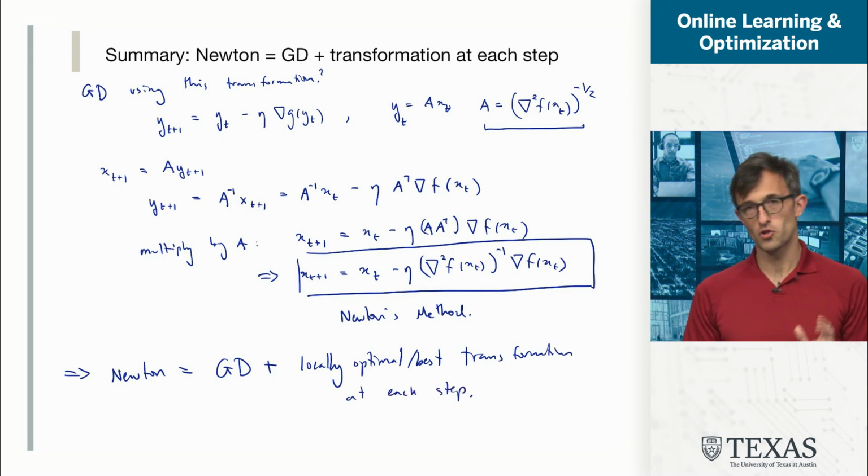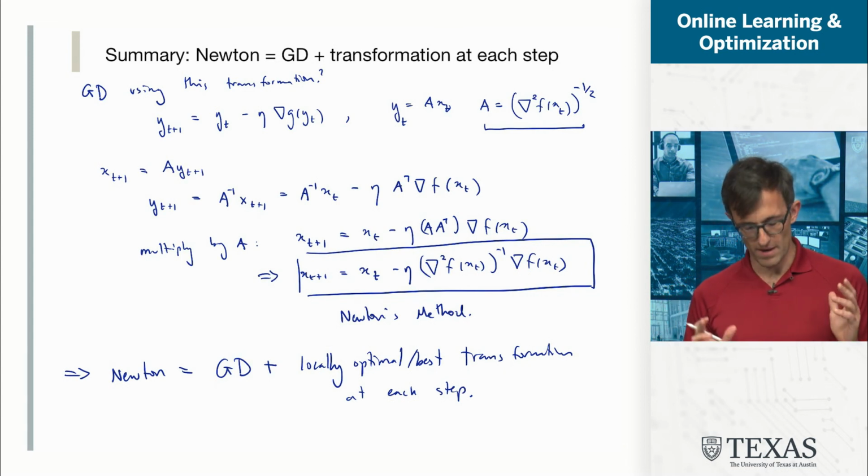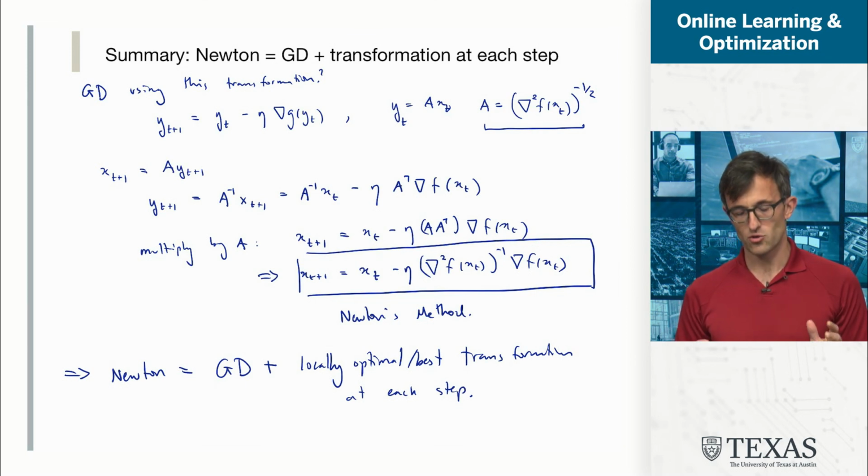So these are two different views. In the previous lecture, we talked about Newton's method as trying to minimize a quadratic approximation. In this lecture, we saw that Newton's method can be viewed in a different way. It's just trying to correct for the failings of gradient descent when we have an ill-conditioned problem.